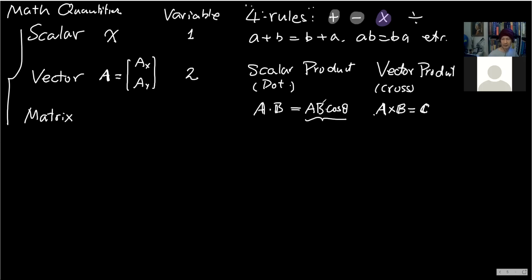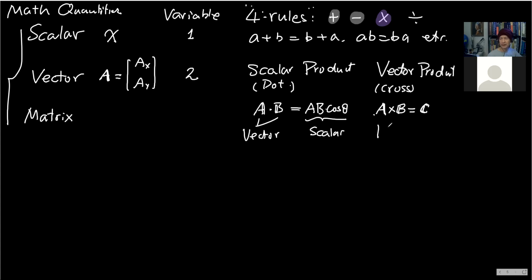So when we're dealing with the dot product, this is just an amplitude, right? You get a scalar. Is that strange? Both A and B are vectors. However, the dot product will generate a scalar. So that is the difference between these two products of two vectors.